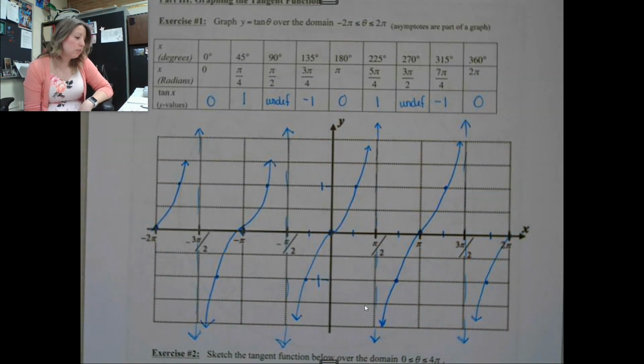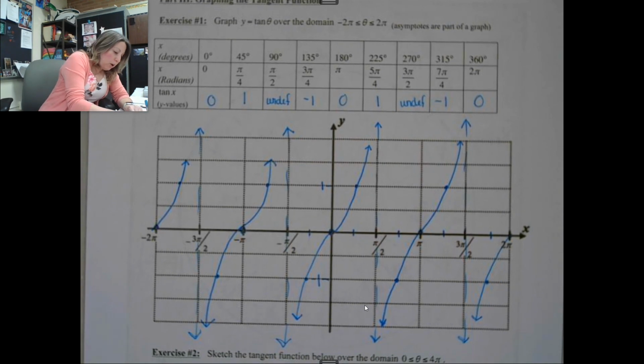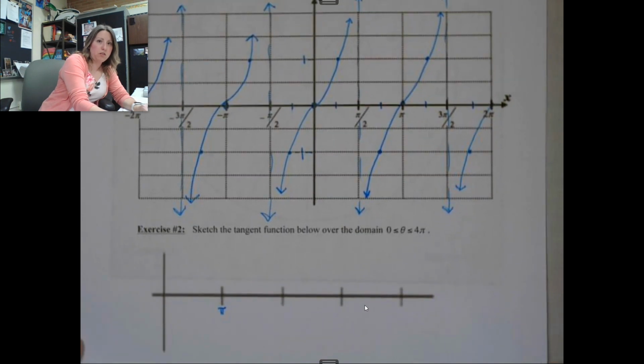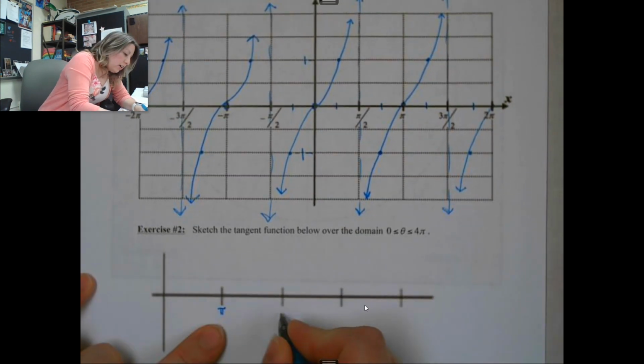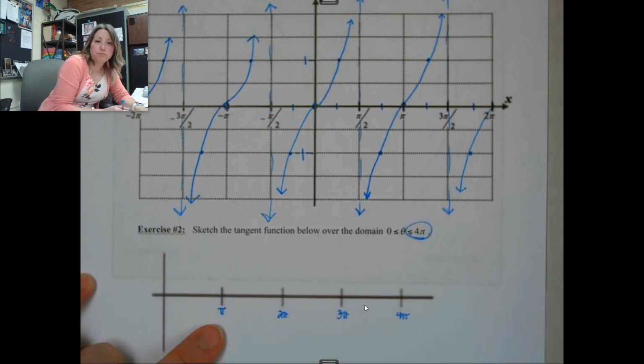Interesting, right? Tangent is interesting. So if we're sketching this, this is pi, this is 2 pi, this is 3 pi, this is 4 pi, because we're supposed to be sketching this to 4 pi.